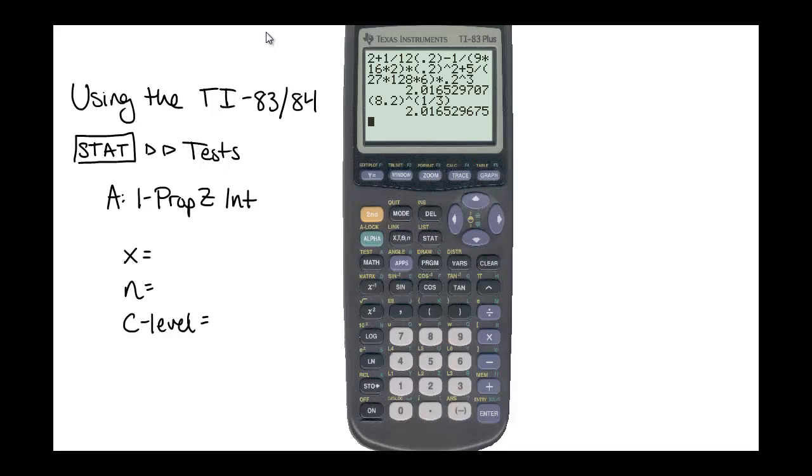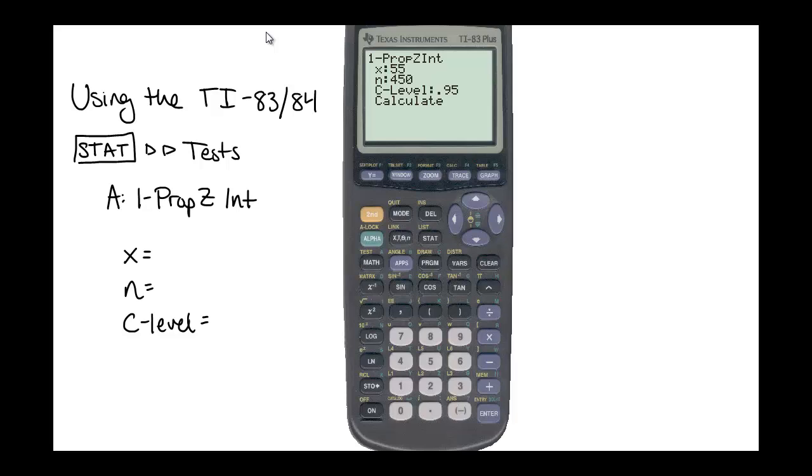So if you have your TI 83 or 84, we're going to go into the statistics menu, that stat button, and go over to the category tests, and we're going to pick the test that's called one proportion z interval. So one proportion means that we're looking at a proportion, of course. There's only one of them. We will look later at what happens when you have two proportions, and the z here is coming from the fact that we're using a z-score in the calculation.